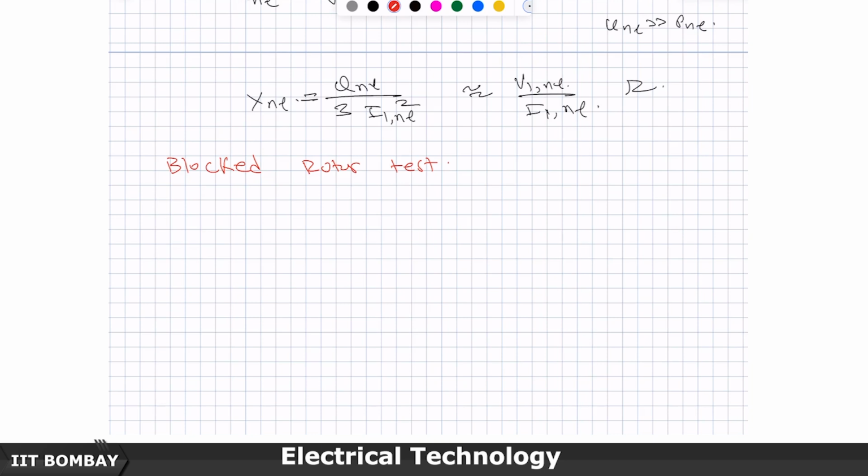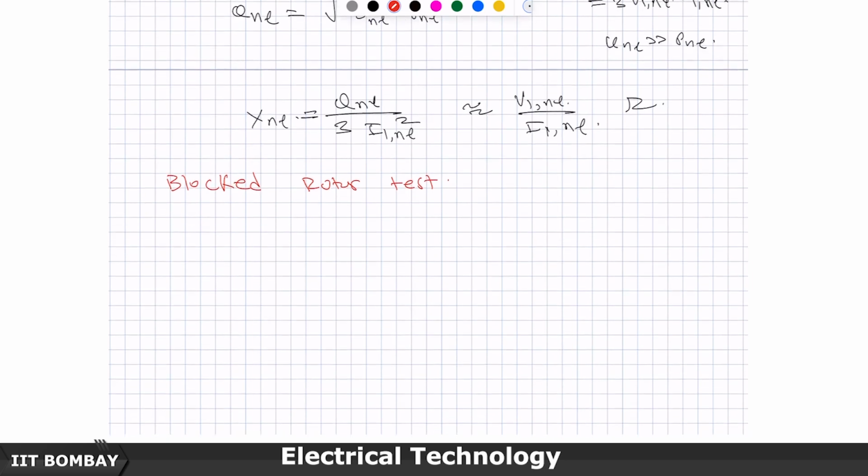Remember, in the first test, the no load test, I said the secondary circuit is as good as open circuited, that is why I could not dive deep into what is happening with R2 dash and X2 dash, because with slip coming close to 0, it had got open circuited.